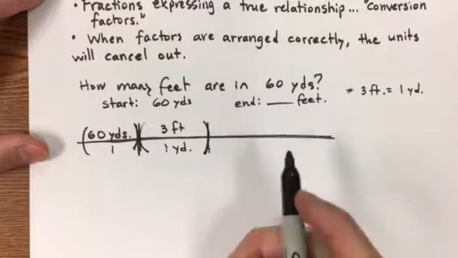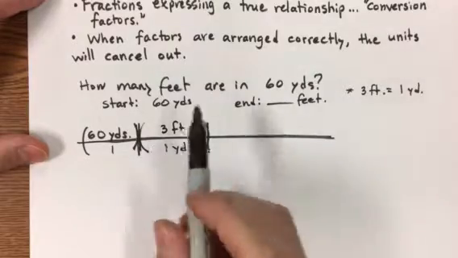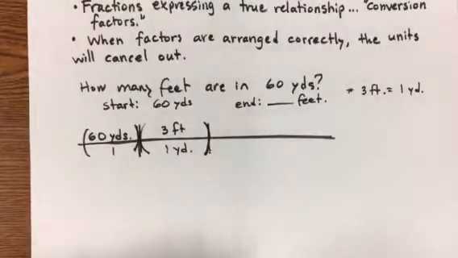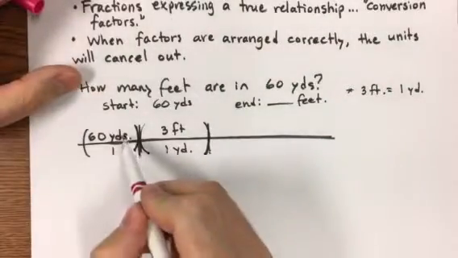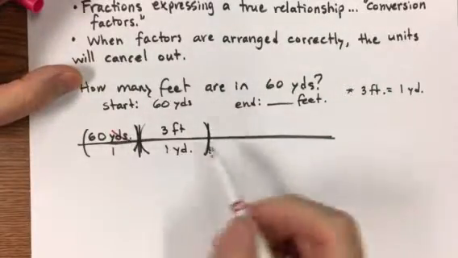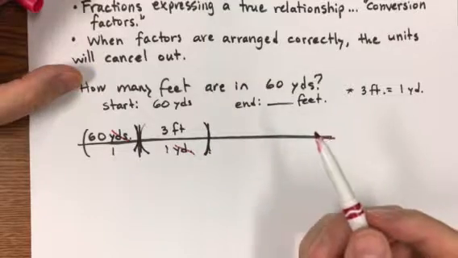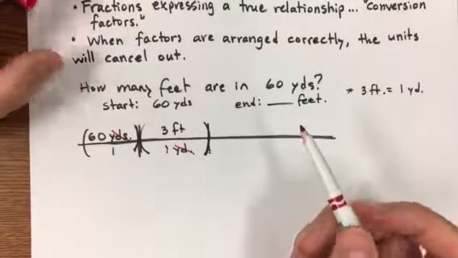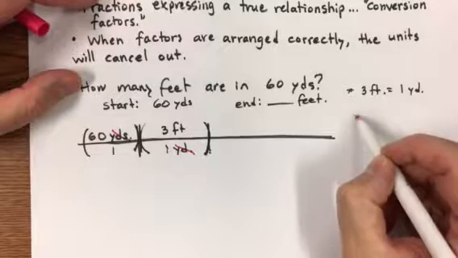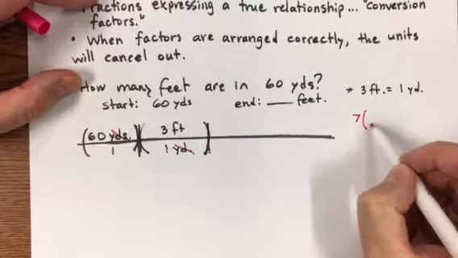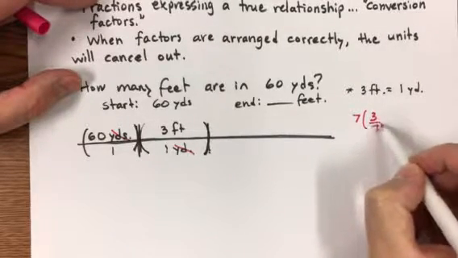And so what I want you to see is that when this is arranged properly, yards in the top fraction here and yards in the bottom fraction here will cancel each other out, just like if I wrote 7 times 3 over 7.